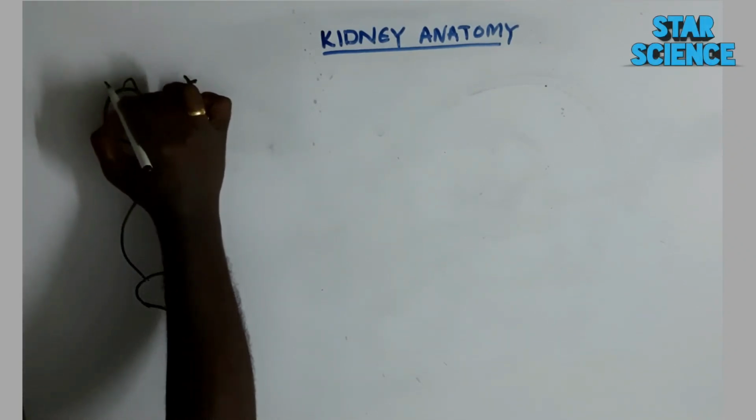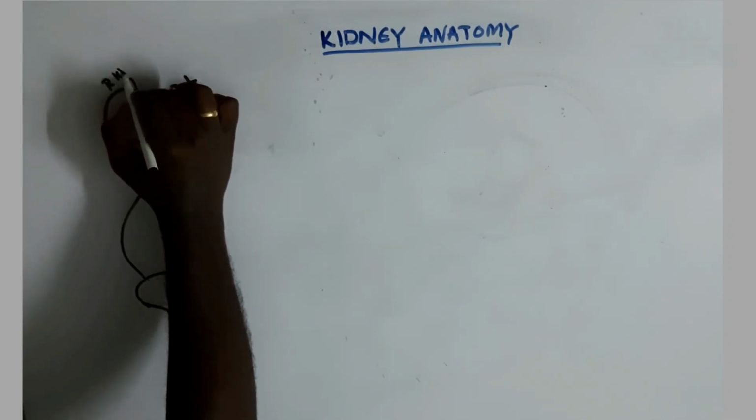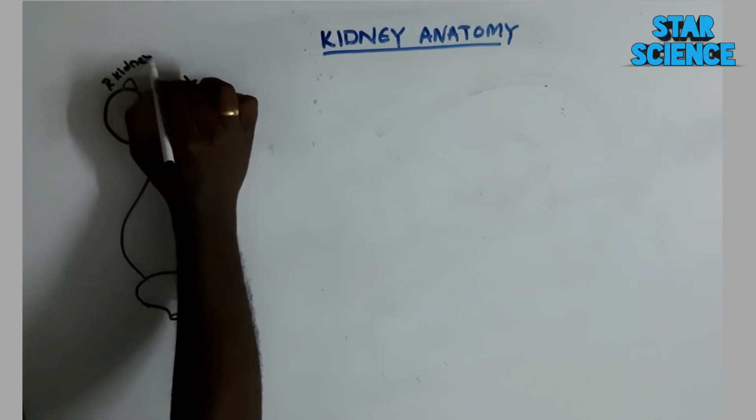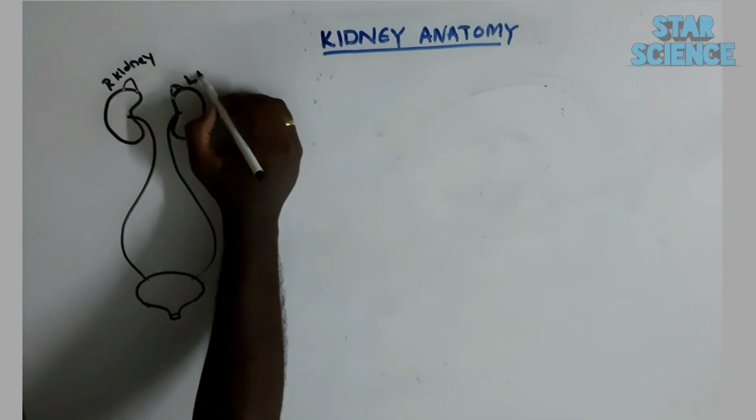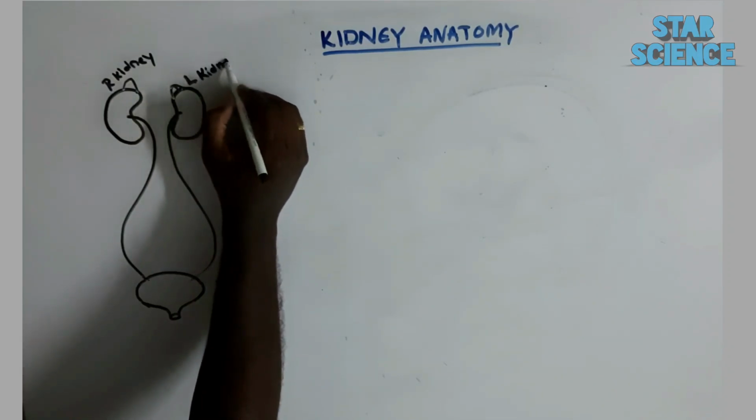Now we're going to see the relations of the right kidney. Superiorly it has the suprarenal gland.